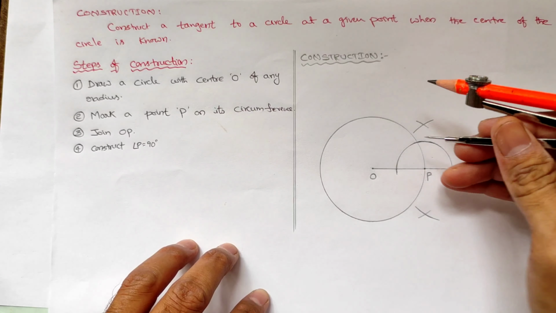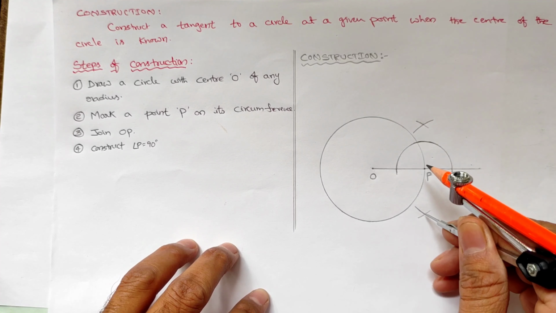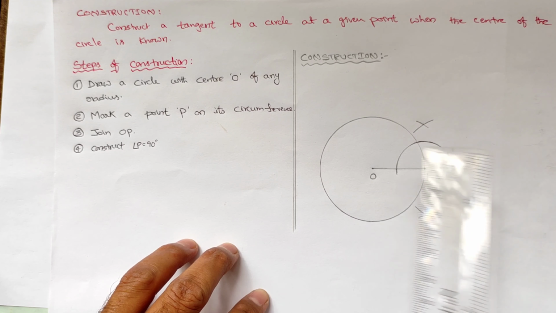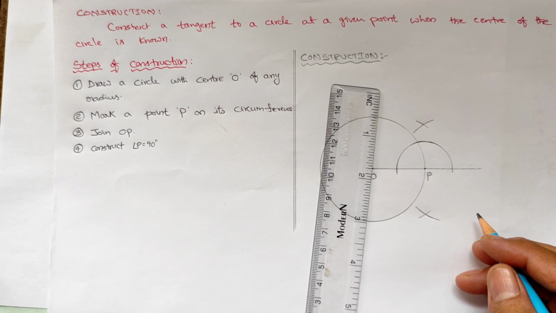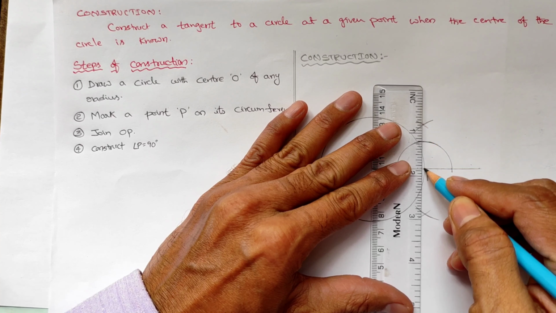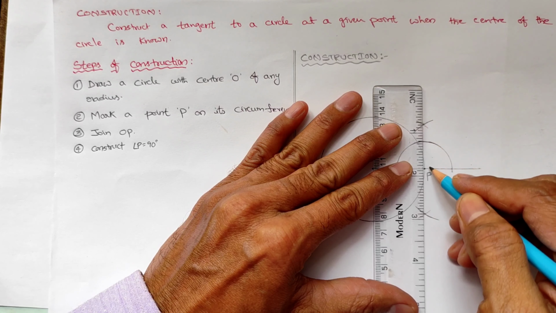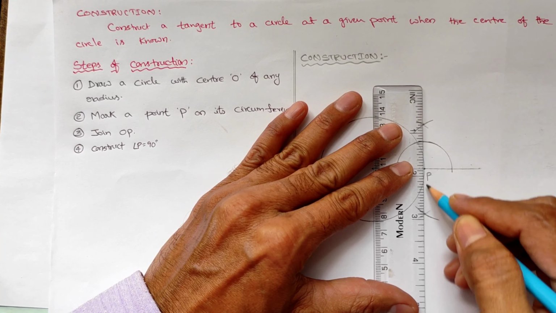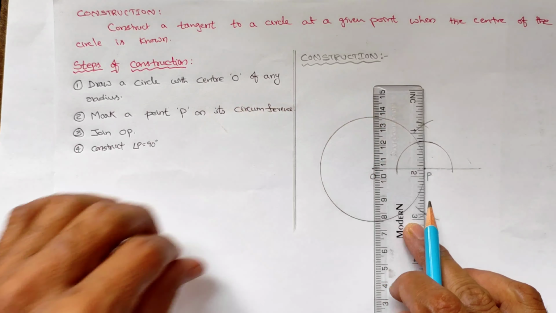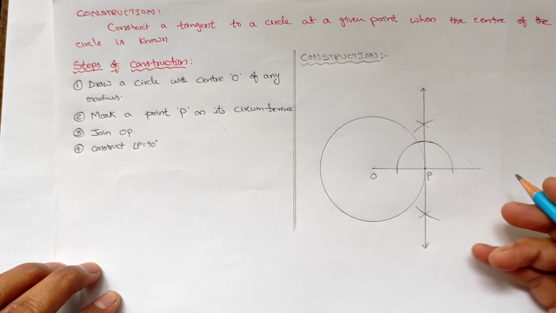Right. So now take the points very carefully. Let us join all these points, this point P and this point. Right. That's all. Now this is the required tangent.